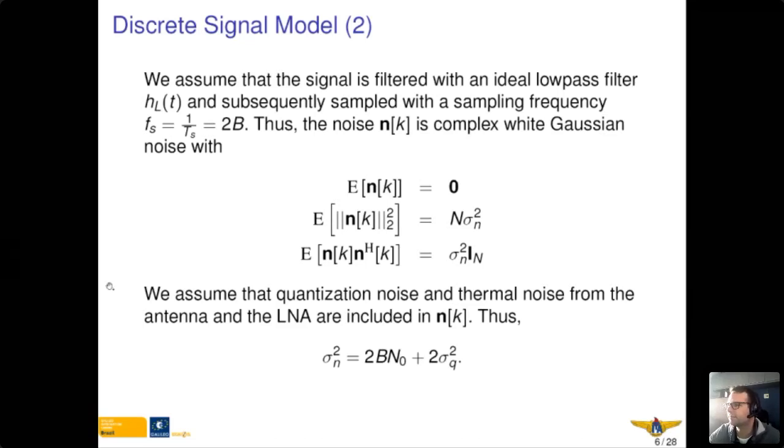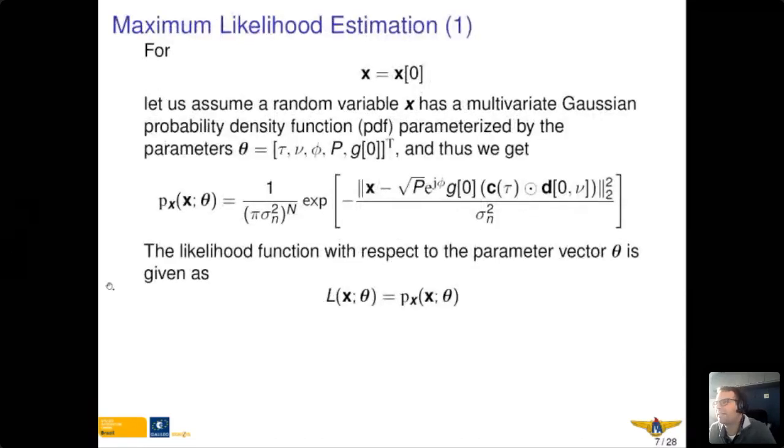Yeah, for maximum likelihood estimation, we again take just one period, so the first period of the signal, and call that vector x, and then we assume that this vector x is a realization of a random variable X that has a multivariate Gaussian probability density function, PDF, parameterized by the parameters, and we now define here the parameter vector.